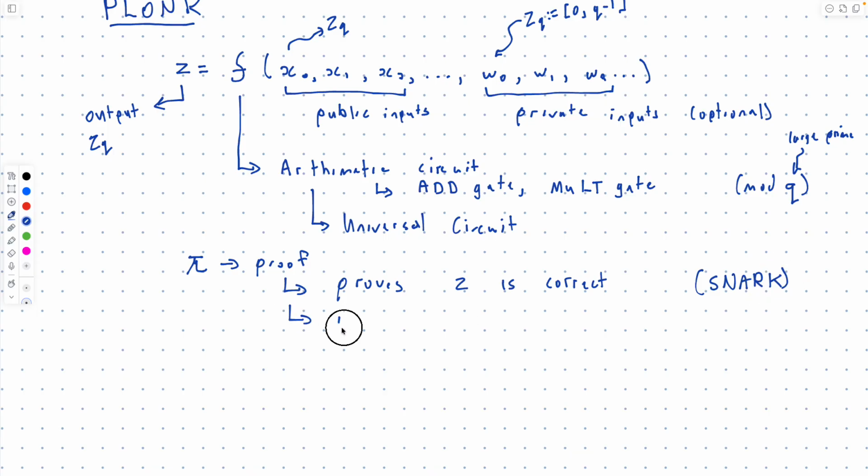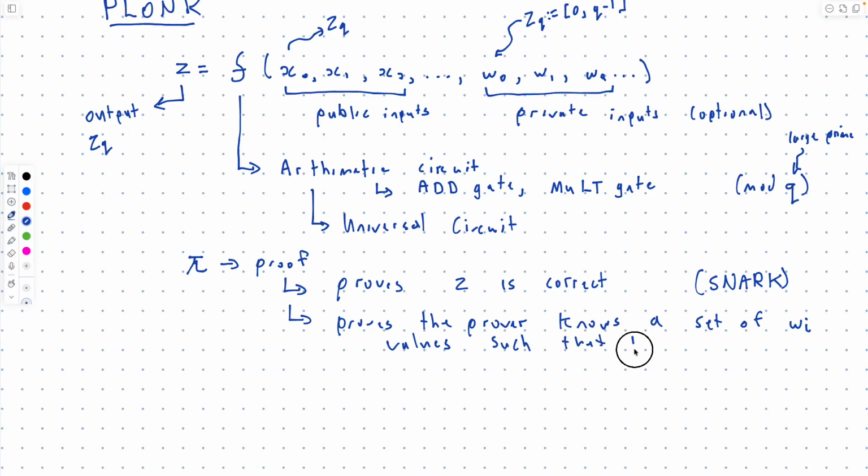Or it proves that the prover, the person giving you the proof, knows a set of witnesses or secret values, such that the output is Z. And this is the ZK SNARK version of it.